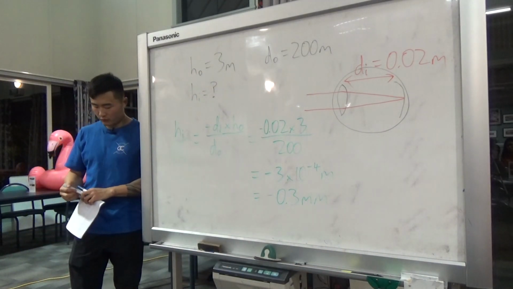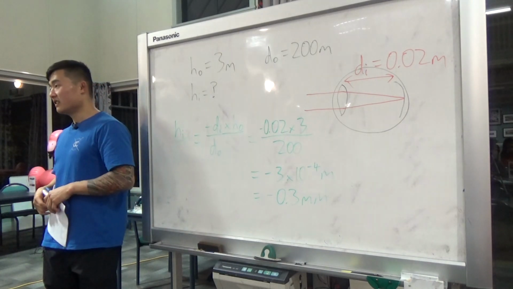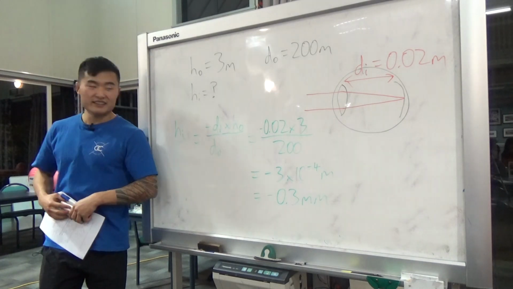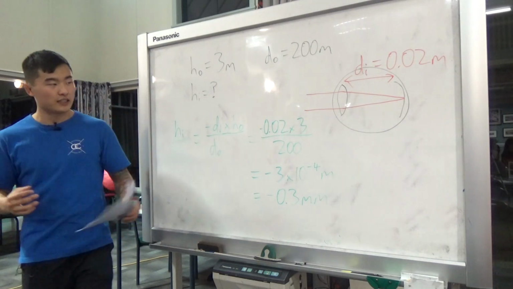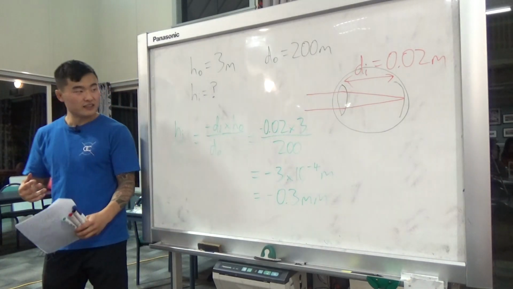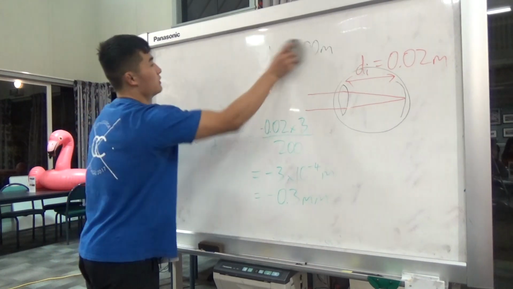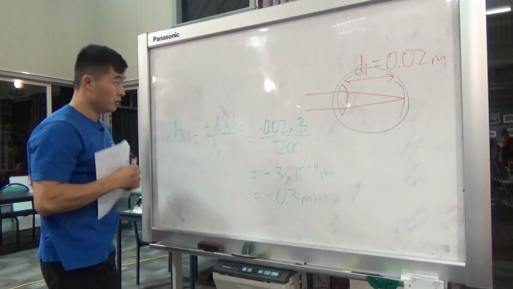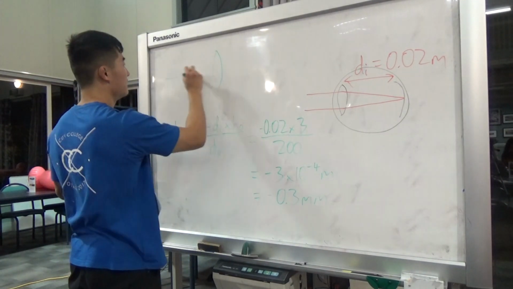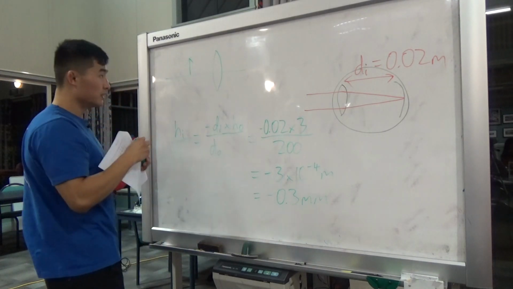Okay, so why would the height of the image be negative? Yep, so because it's upside down. So it's going to be a real image, and a real image is always inverted. So if I draw a lens here, and here's your object.